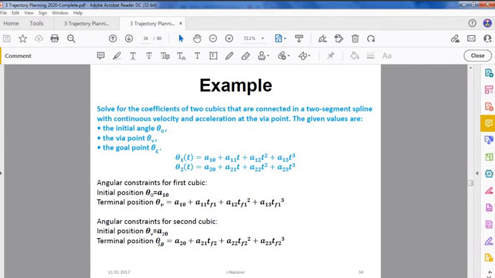So they say that theta via point equal to 15 degree. So A20 equal to 15 degree, or 20 degree. You just put it here. And goal, theta goal or final, you put back all equation number 2. So you see that you calculate twice. First from theta initial to via point, and then via point to final.